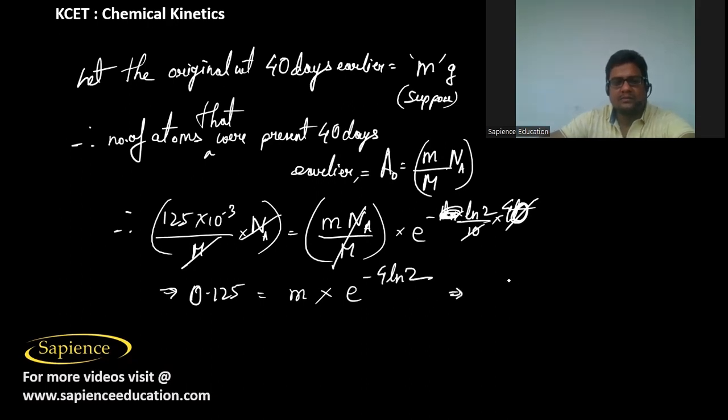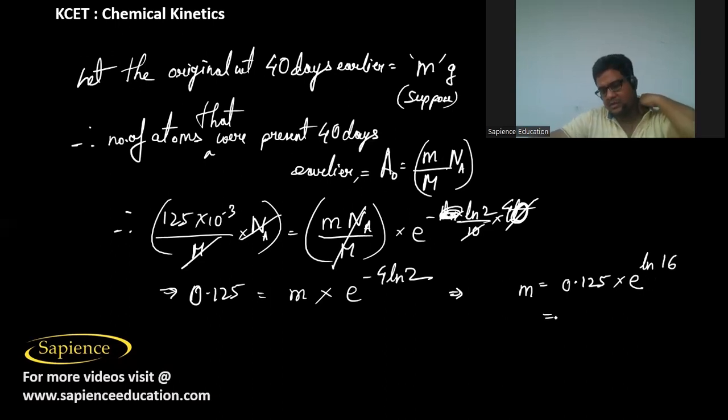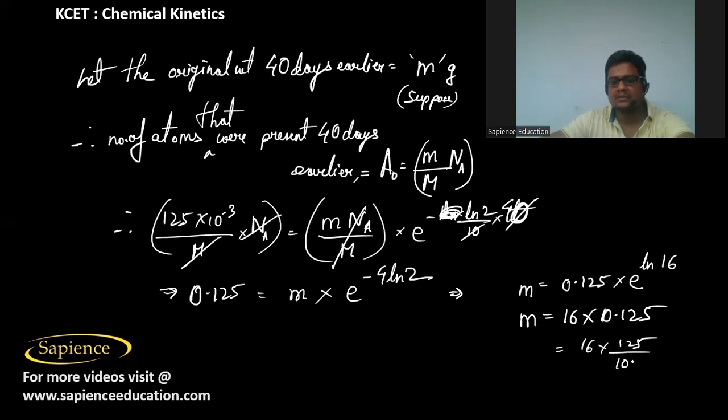So therefore M will be equal to 0.125 into e power ln2 power 4, that is 16. E power ln16 will be equal to 16. So M will be equal to 16 into 0.125, that is 16 into 125 by 1000.